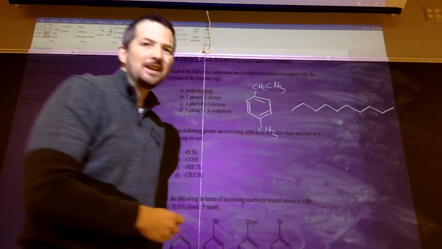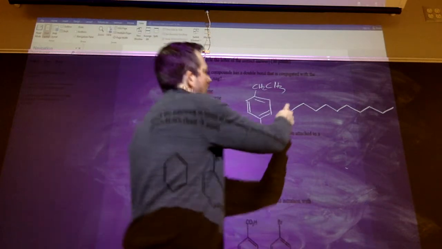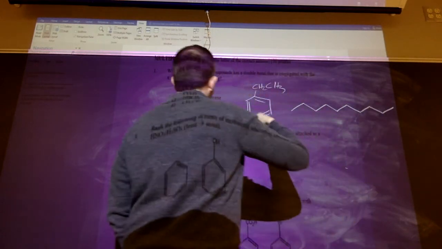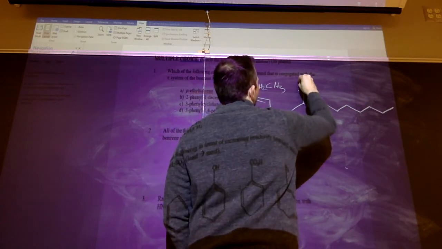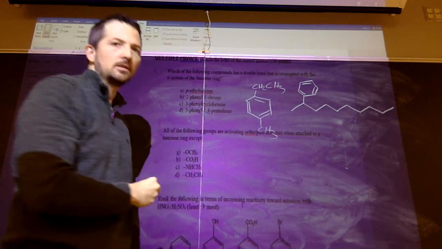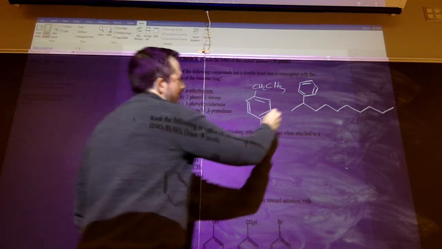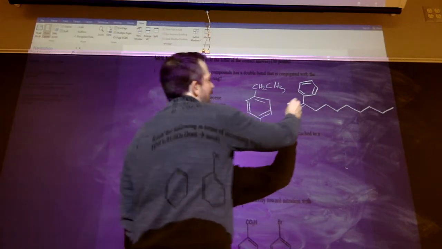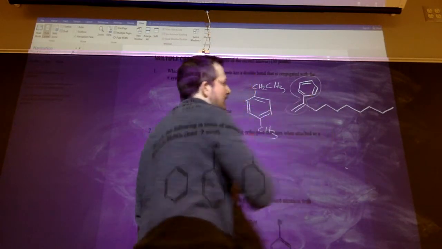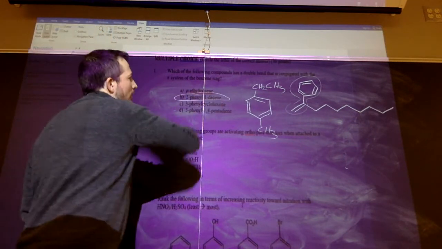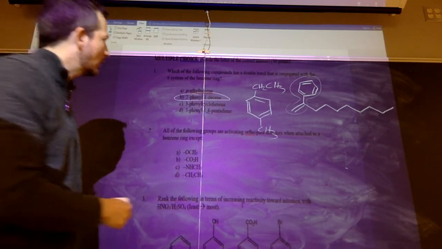So decene is 10 carbons. 1, 2, 3, 4, 5, 6, 7, 8, 9, 10. 2-phenyl, 1-decene. Okay, so that one does have a pi bond that's in conjugation with the benzene ring. So 2-phenyl-1-decene is your correct answer.